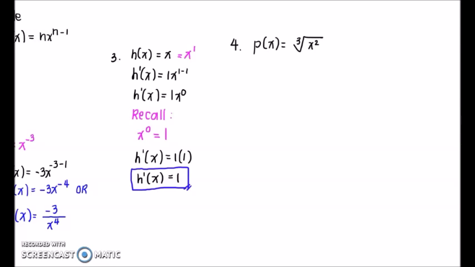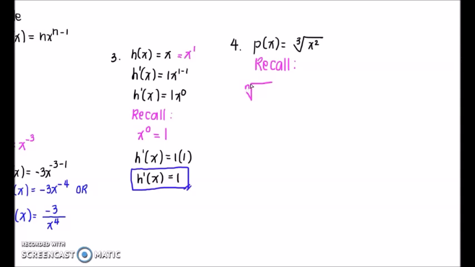So, this one, for us to solve for this, recall muna natin. Kung mapapansin nyo, kanina pa tayo recall ng mga laws of exponents because this is the power rule, it deals with exponents. So, let's recall about radicals.